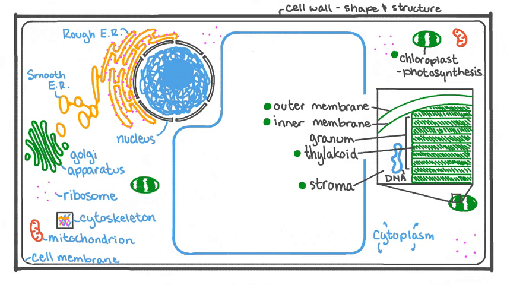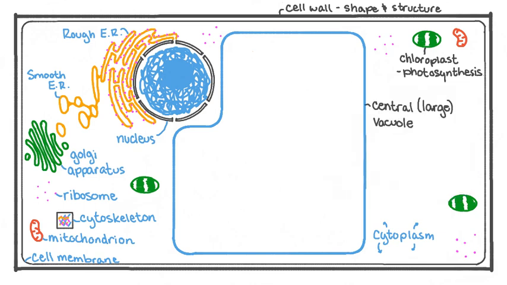And these thylakoids are arranged in stacks, which are referred to as granum. The special characteristics of chloroplasts allow them to efficiently carry out photosynthesis. Chloroplasts also contain their own DNA, which is evidence that they were once separate prokaryotic organisms.